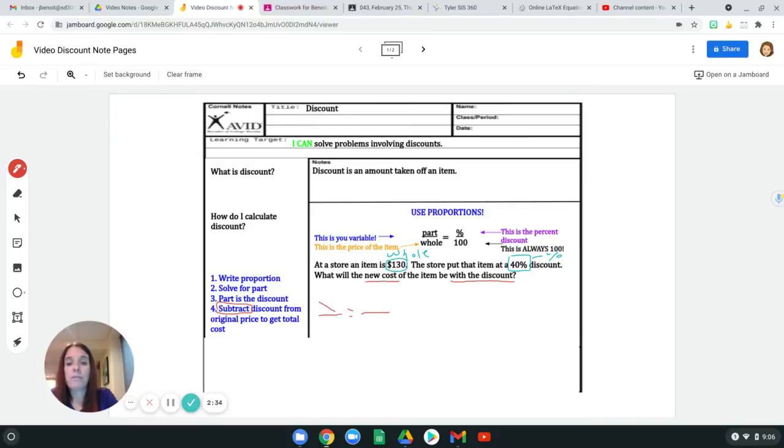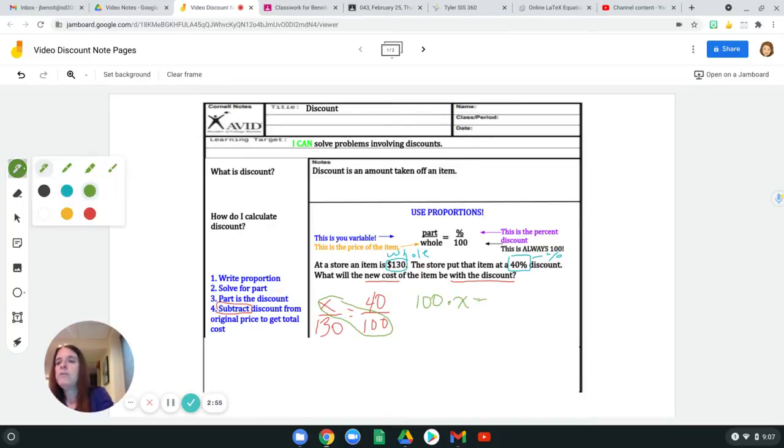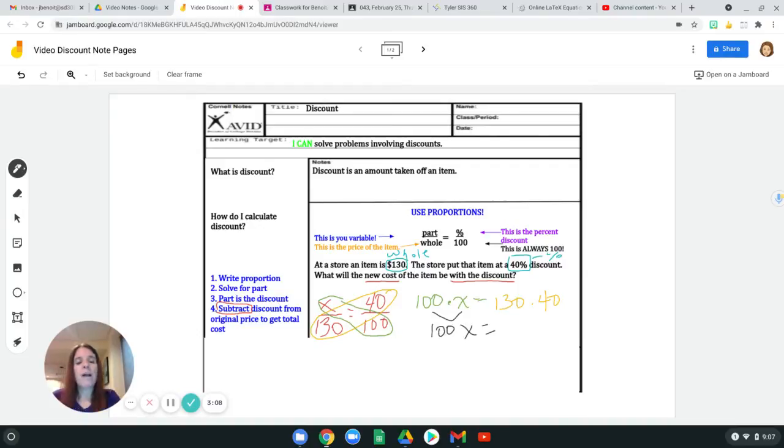Okay, let's set up our first proportion. The part is what we're looking for. How much of a discount are we getting? This item cost $130. The discount the store's offering is 40%. That's always over 100. Do your cross multiplication: numerator times opposite denominator equals numerator times opposite denominator. 100 times x is 100x. 130 times 40.